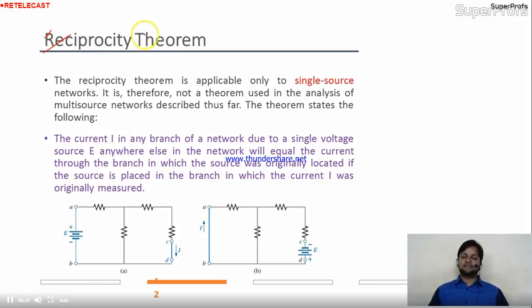And what does the reciprocity theorem say? The current I in any branch of a network due to a single voltage source. See, this is the circuit, suppose.